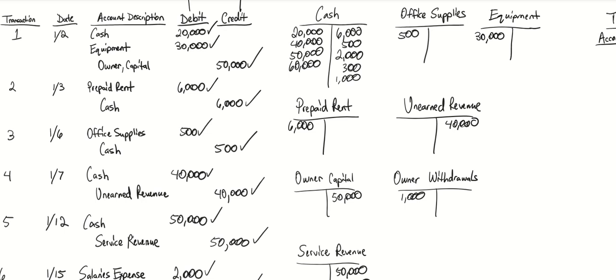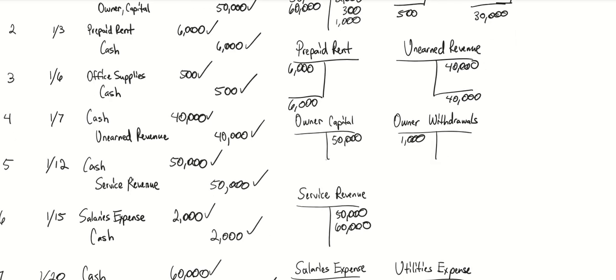So office supplies, we see there's an ending debit balance of $500. Equipment has an ending debit balance of $30,000. Prepaid rent has an ending balance of $6,000. Unearned revenue has an ending credit balance of $40,000.